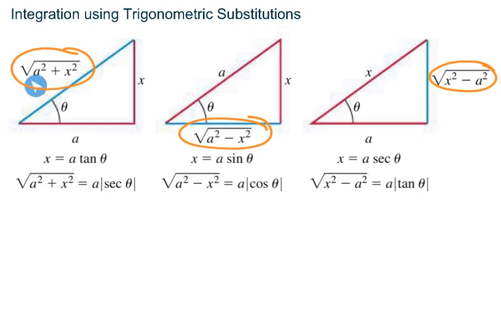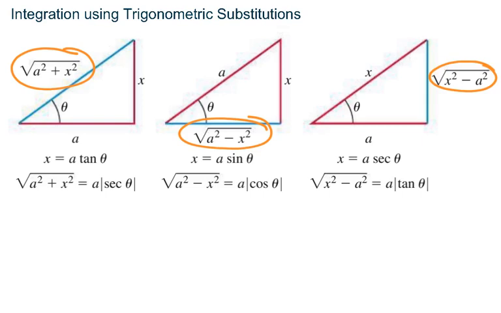I've got the square root of a constant squared plus a variable squared, the square root of a constant squared minus a variable squared, or a variable squared minus a constant squared. Okay, so when we have those three forms somewhere in a problem, this is a situation where we might choose to use trigonometric substitutions.